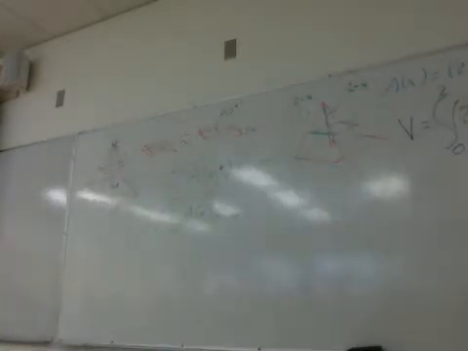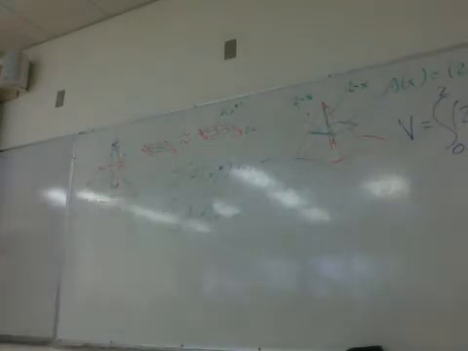What I'm doing when I'm calculating the volume of this thing is taking a bunch of different cross-sections. Let me just get rid of the pyramid for a second. I'm taking a cross-section here, here, here, here, and here, and adding them all together. What I need to do is find a formula for the area of one of these. I take this distance and square it, because this thing is a square.